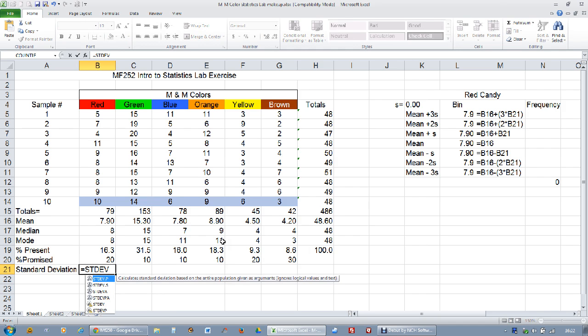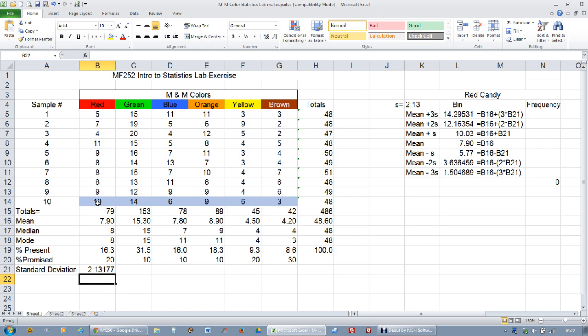Standard deviation, or STDEV. If you notice down here, you have .P, .S, V, A, P, A. Just stick with the standard deviation, and we will highlight the column, close parenthesis, and enter. 2.1377. That is the spread of this column. And I will move that over.